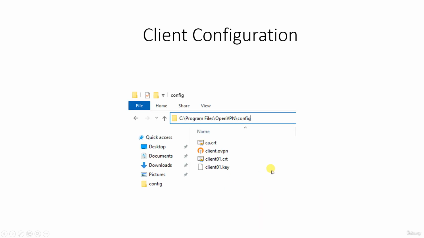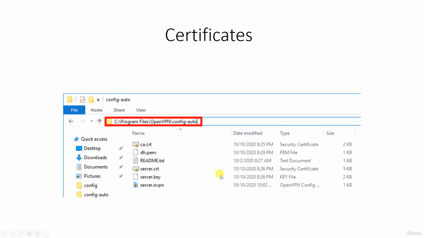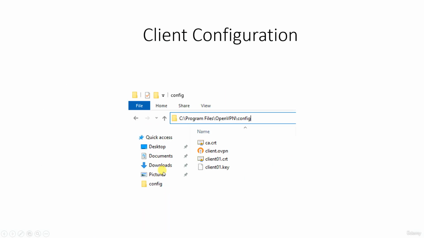These are the files that we need to copy to this config folder: ca.crt, client001.crt and client01.key. These are the files that you need to copy to this config folder from your server. These files are all in here, as you can see. Make sure you click copy and paste it in this directory.